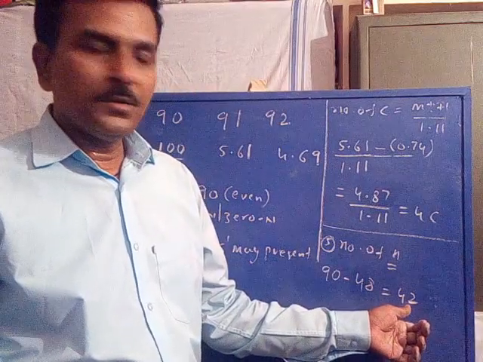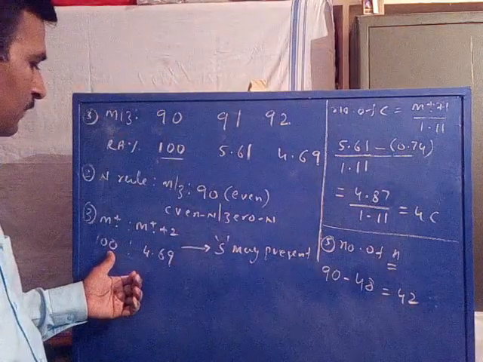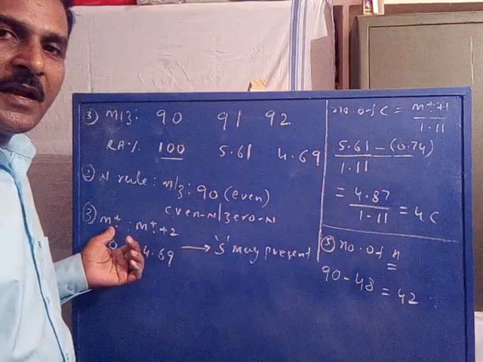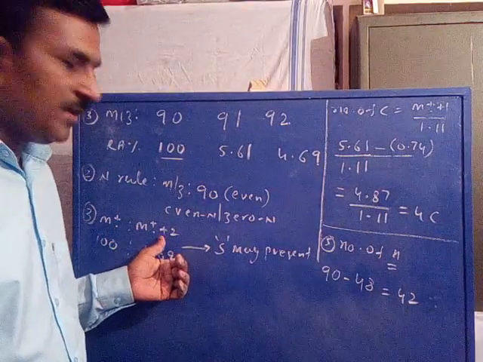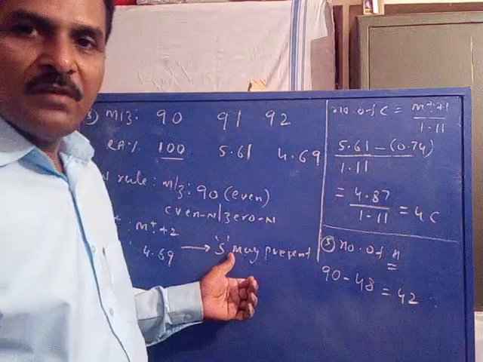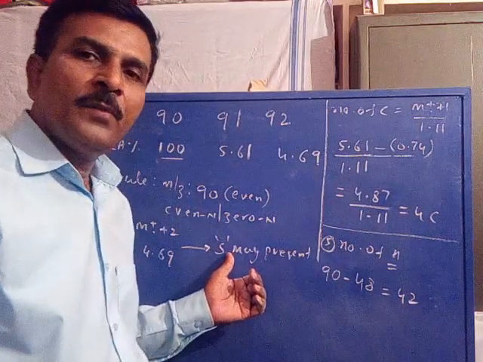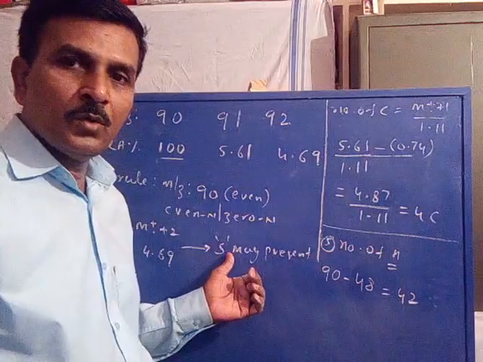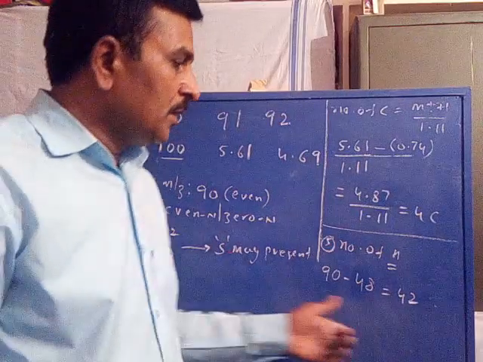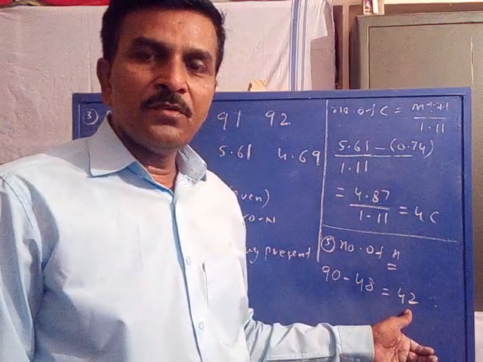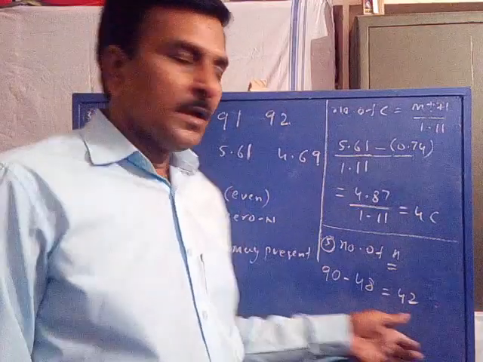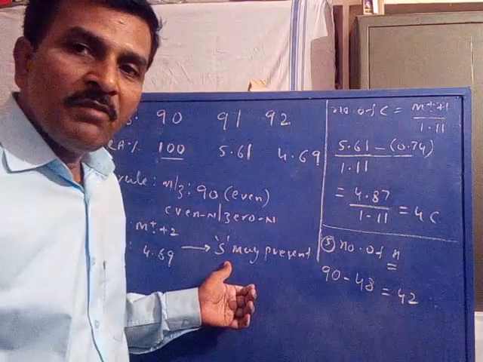The leftover mass is 42. In the third guideline, by comparing the molecular ion intensity with the +2 signal intensity, we found the presence of sulfur. Now we have a doubt: how many sulfurs, either 1 or 2? The leftover mass is only 42. Two sulfurs would be 32 times 2, which is 64, so we should consider only 1 sulfur.